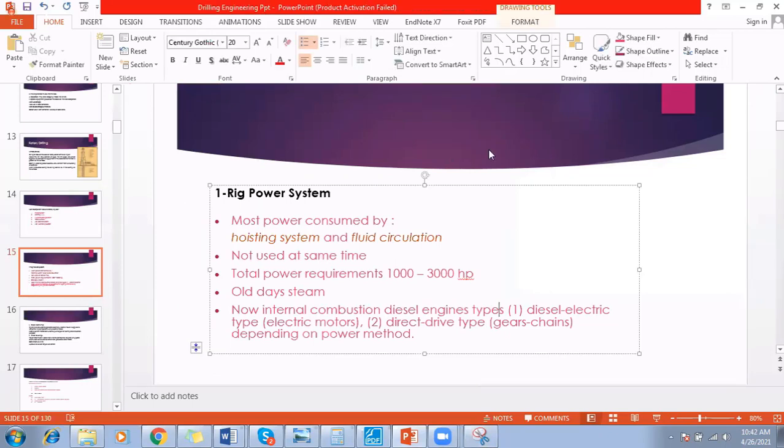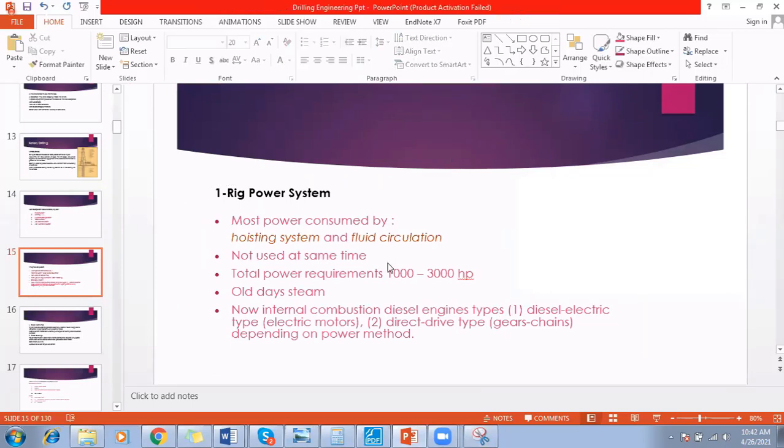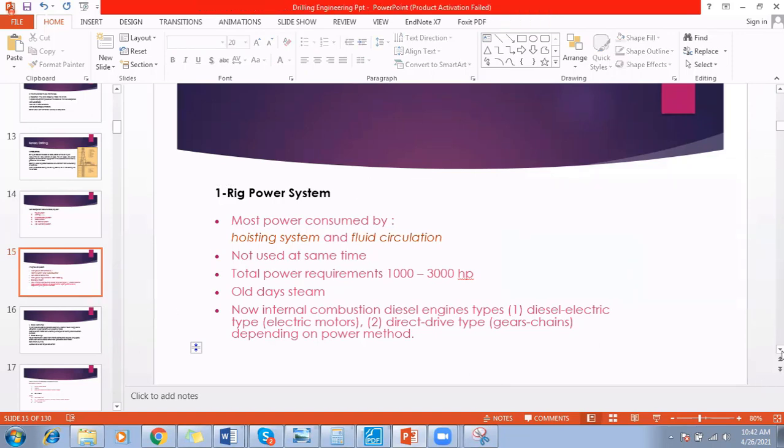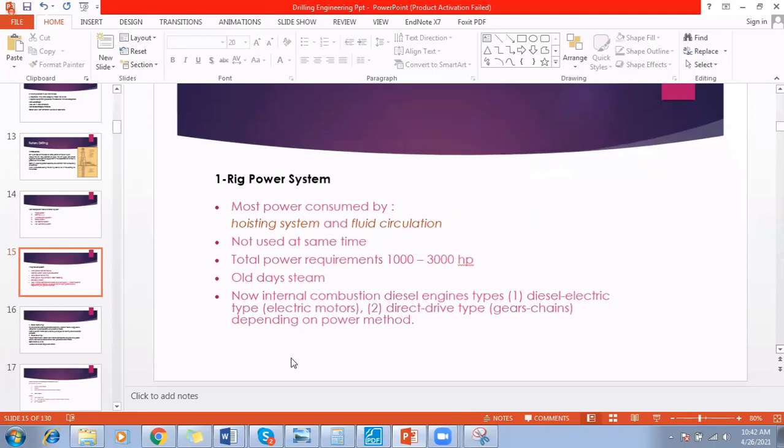Usually the power requirements at the drilling rig, as a general figure, are 1000 horsepower to 3000 horsepower. In older times, steam was used. At the start of our course, we discussed the types of drilling rigs on the basis of power supply.